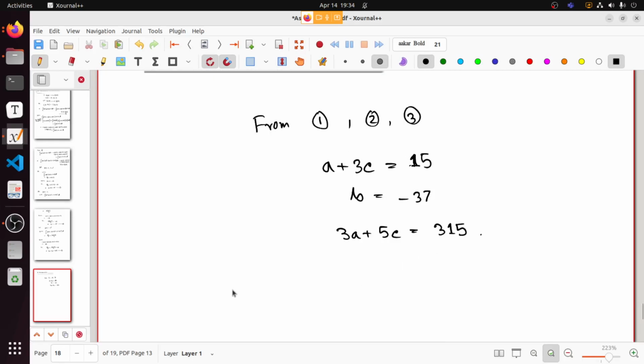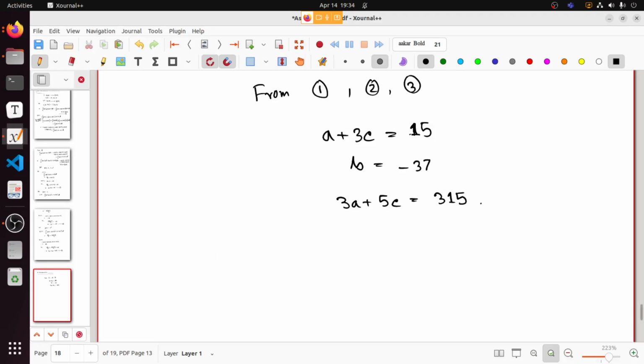So b we have got as minus 37. Now solve the first and the last equation, you will get a. So we will get 3a plus 9c equals 45 and 3a plus 5c equals 315.